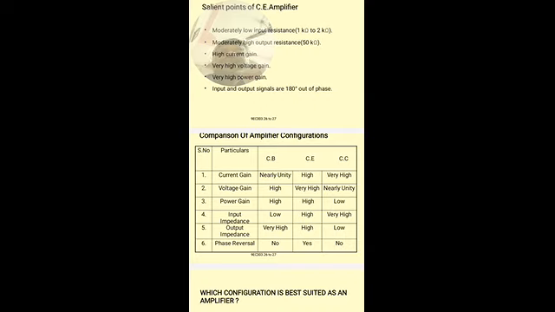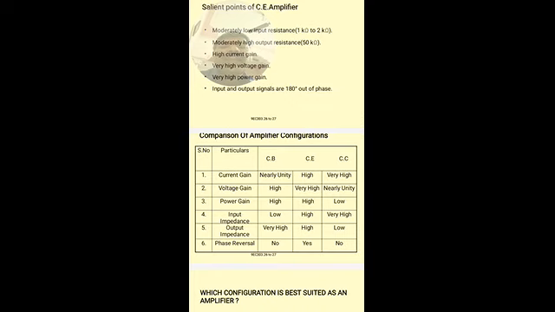So current gain is nearly unity in the common base configuration. It means with the CB configuration it is not possible to increase the current, but we can increase the current using CE.